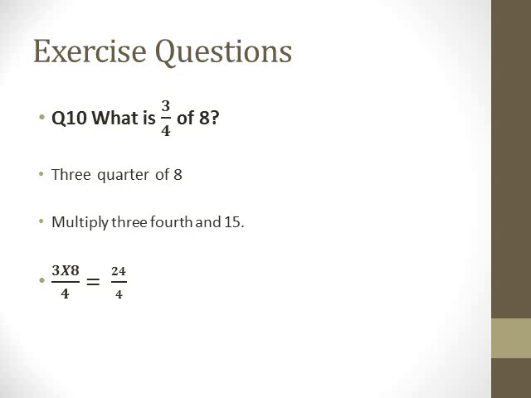So now you have to divide 24 by 4. So check the table of 4. How many times do you need to read out the table of 4 in order to get 24? 4 ones are 4, 4 twos are 8, 4 threes are 12, 4 fours are 16, 4 fives are 20, and yes, 4 multiplied by 6 will give you 24. So you can say that 6 is 3/4 of 8, right? Move to the next question.